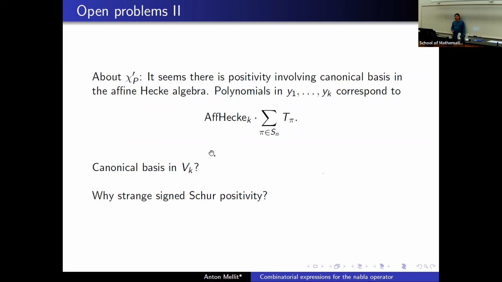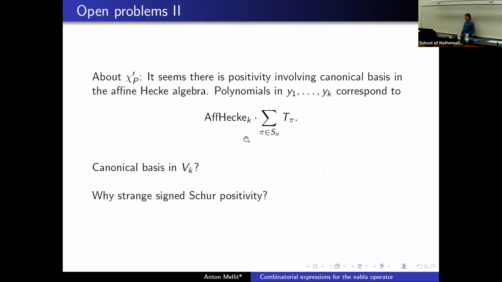And there is a strange sign Schur positivity. Our functions are expanded in the Schur basis. They're not positive, but some Schur functions always appear with a plus, and some Schur functions always appear with a minus. We have a proof that this is the case for our functions because of the explicit formula.